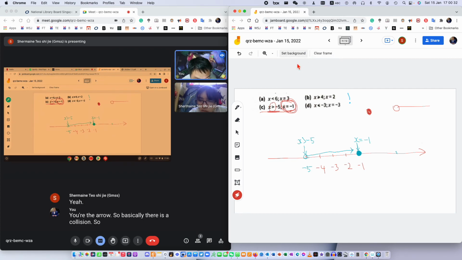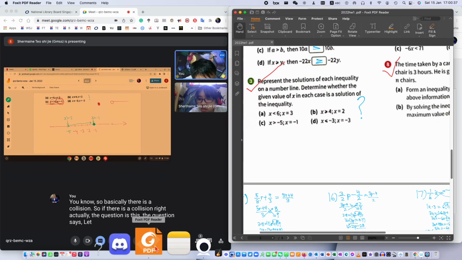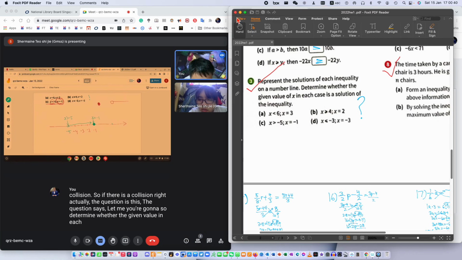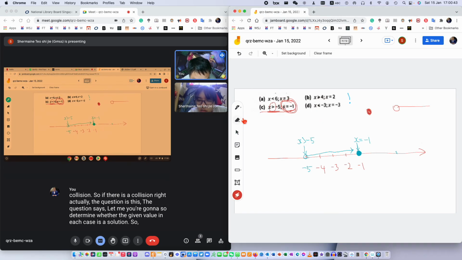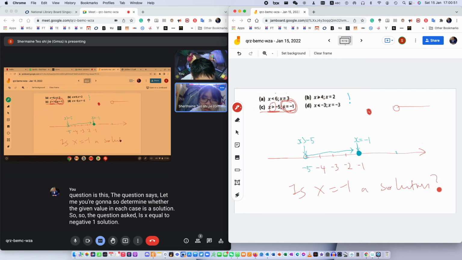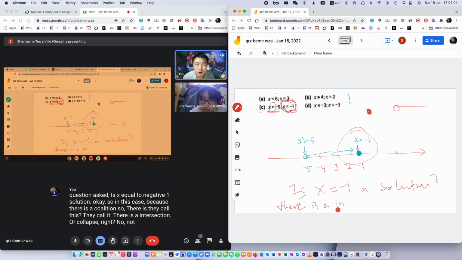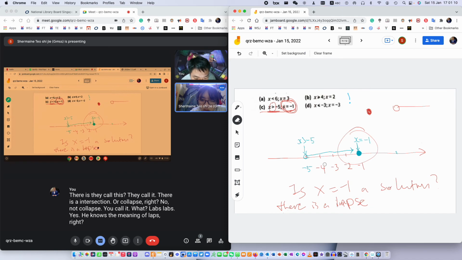So if there is a collision, actually, the question is this. The question says: determine whether the given value in each case is a solution. So the question asks, is x equal to negative 1 a solution? In this case, because there is a collision, there is an intersection, or collapse. No, not collapse. You call it what? Overlap.